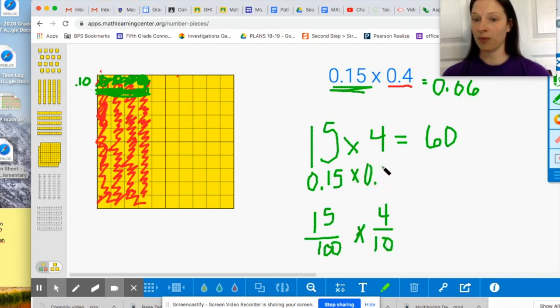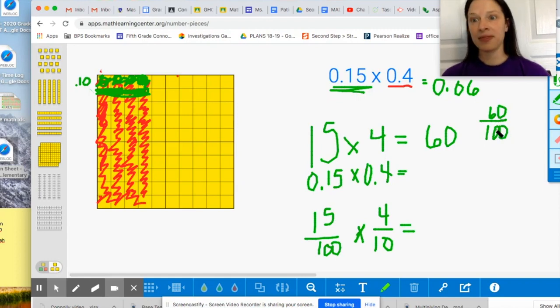So, what's going on here? Well, if I was going to take 60 and make it 100 times smaller, I would get 60 hundredths. Okay, so when 15 got 100 times smaller, my product got 100 times smaller.